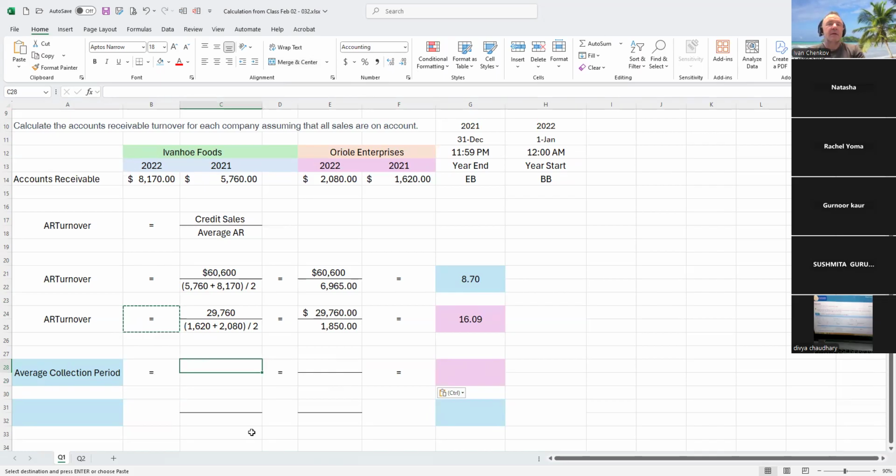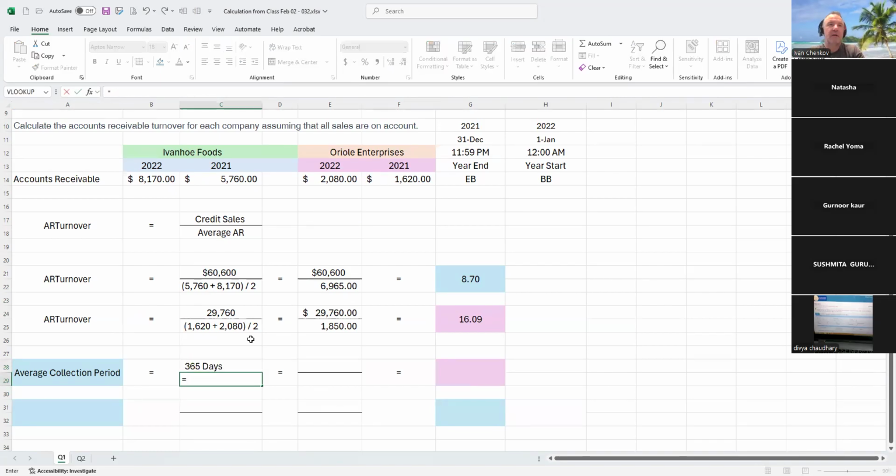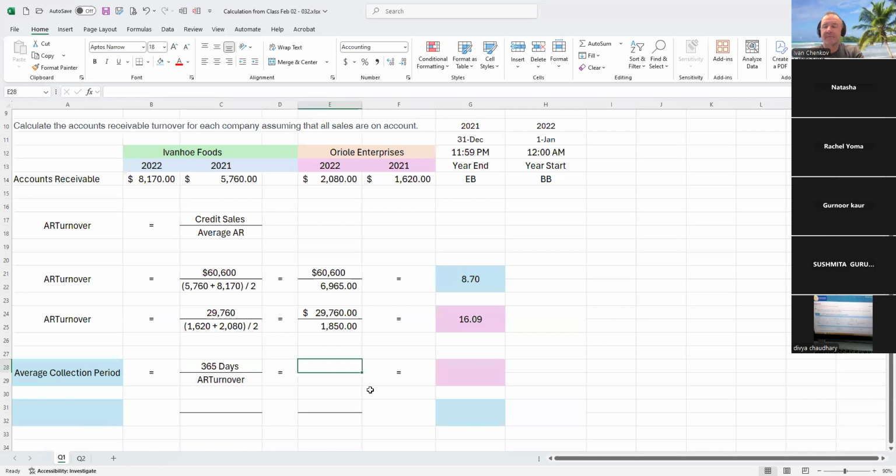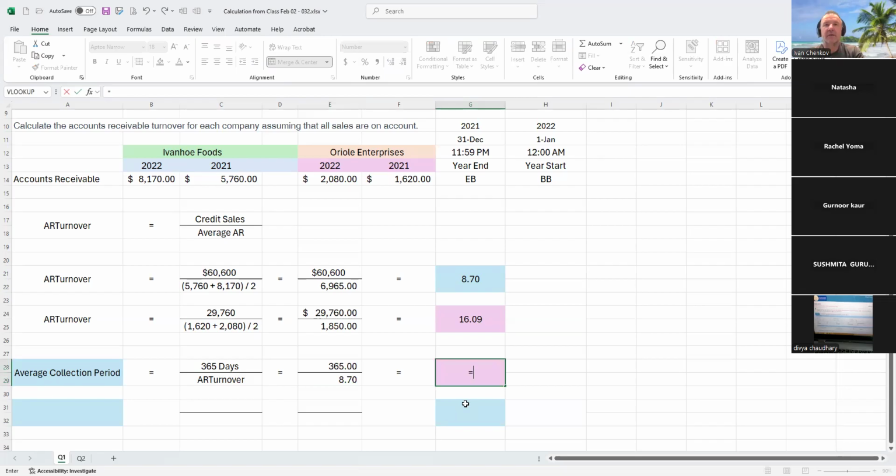How are we going to get this collection period? We take 365 days divided by accounts receivable turnover. Right? We need those two numbers. Once we get 365 here, we get this number from here for the first company, and our number will be this one divided by that one.